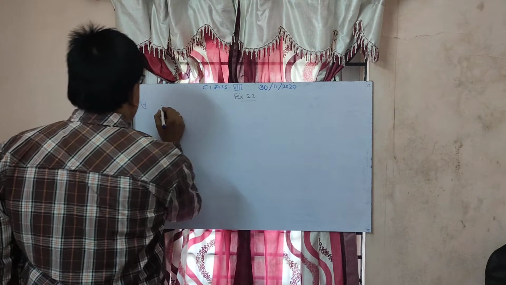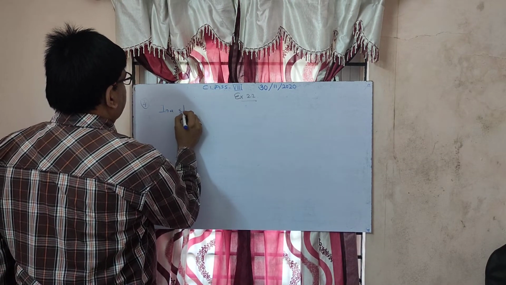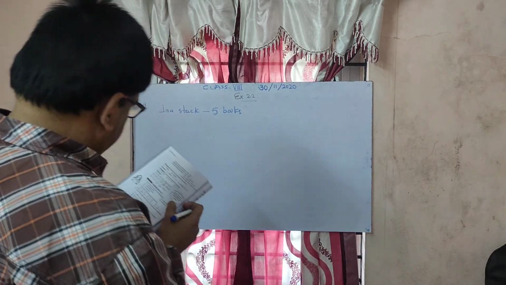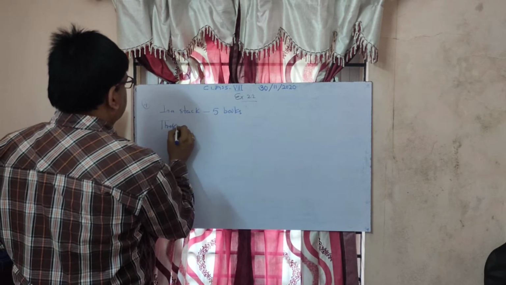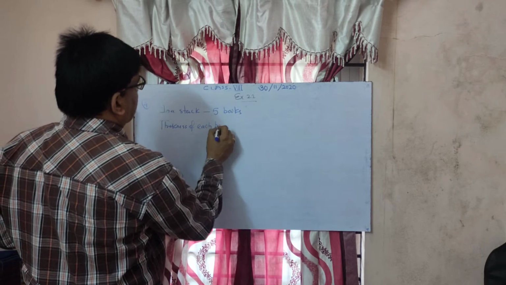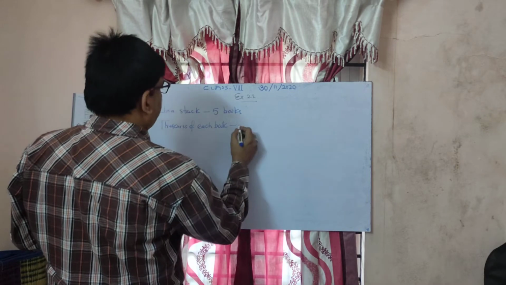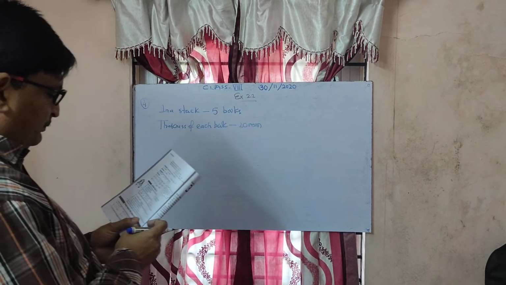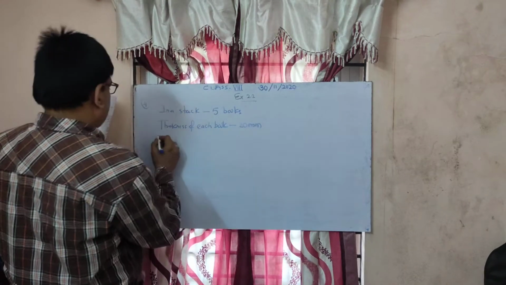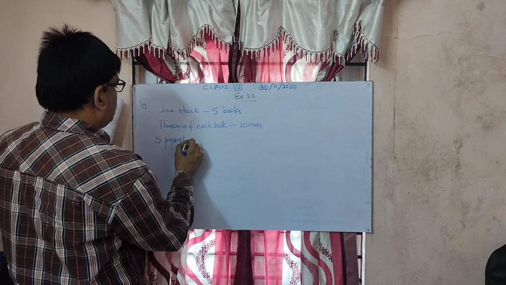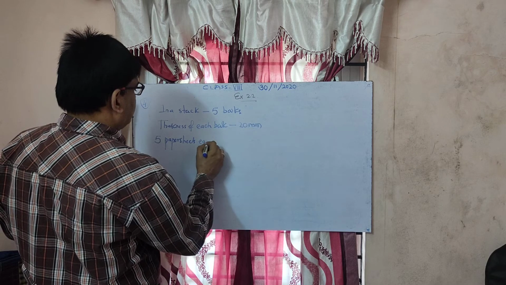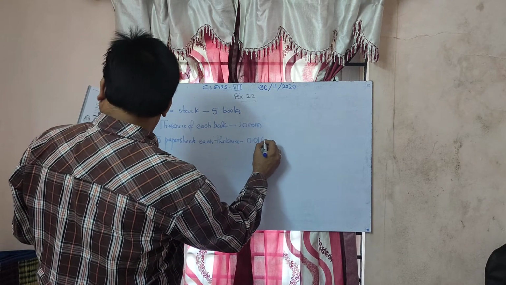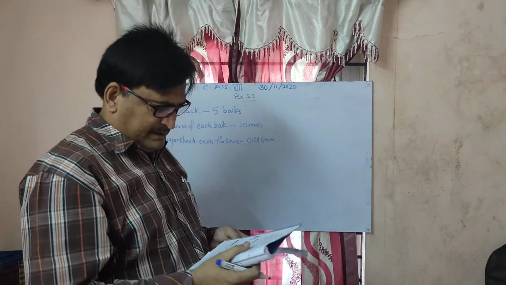Each book has a thickness of 20 mm, and there are 5 paper sheets, each of thickness 0.016 mm. Now this is all given, and what is the total thickness of the stack?